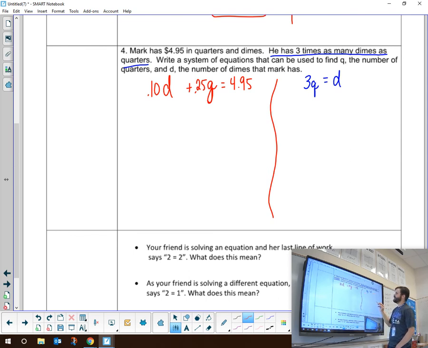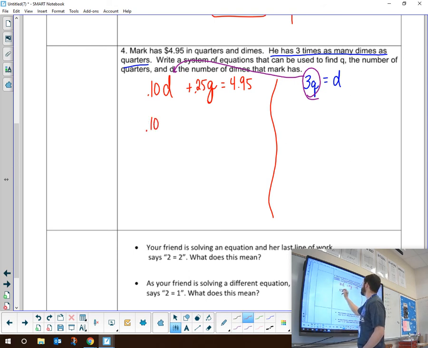I already know what dimes is. Dimes is 3Q. So we can take this value for D here and plug it in for D over here and get right into solving. So we're going to have 10 cents times 3 Qs plus 0.25 Q equals $4.95.